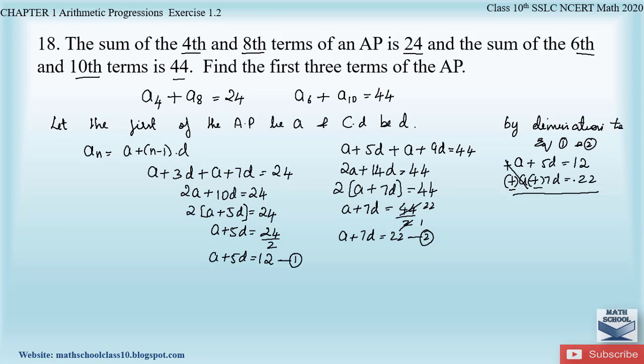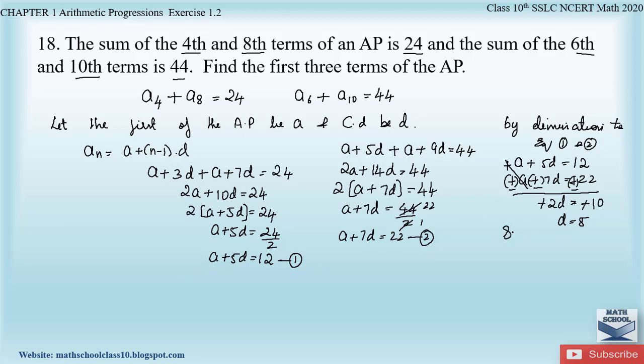Again changing the sign here and here, it will be minus 2d, because after subtracting the greater number's sign comes. 22 minus 12 is 10, so d value will be equal to, minus and minus will become plus, 10 by 2, that is d is equal to 5. Now substitute this d value in equation 1 to find out the a value.